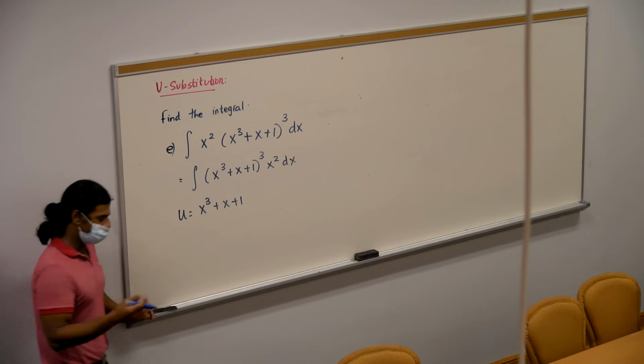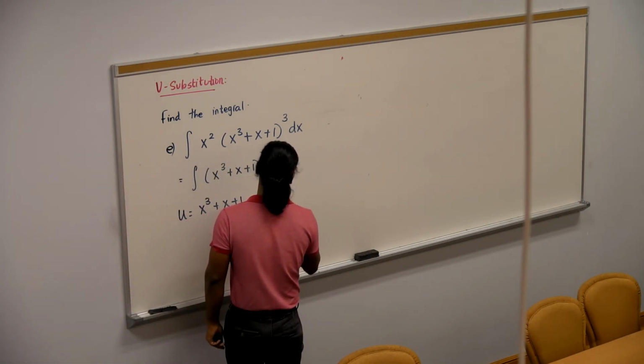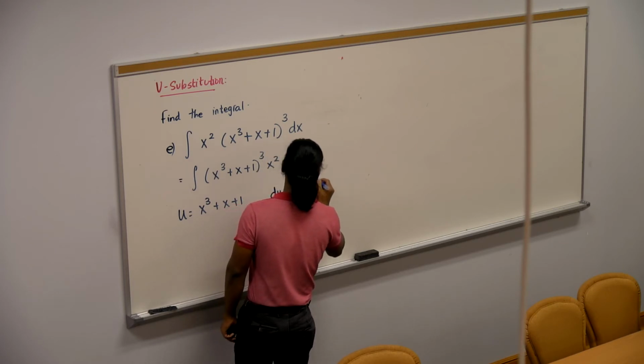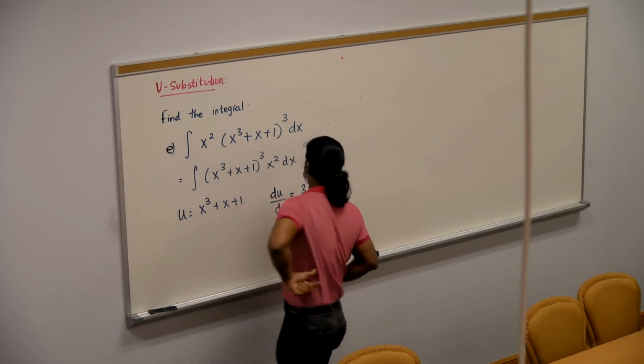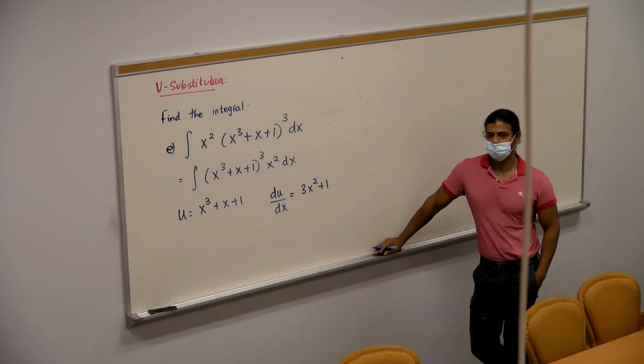What is the derivative of u? It is 3x squared plus 1. Yes.